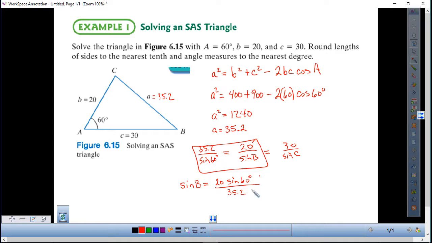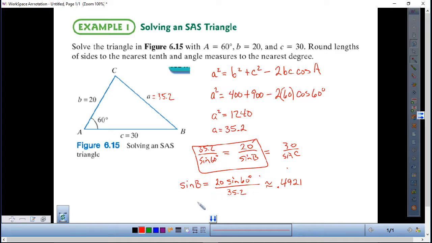That's going to give me approximately 0.4921. Now, I'm stopping at 4 decimal places in what I write down, but I'm actually using all the decimal places when I do my inverse sine.